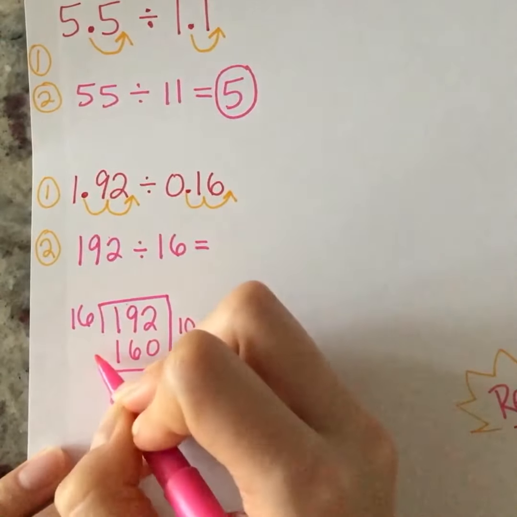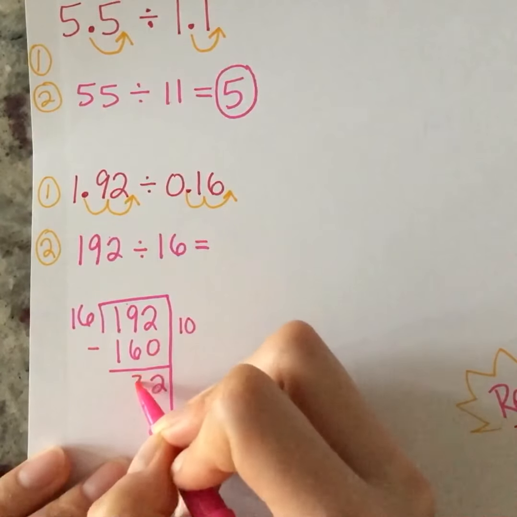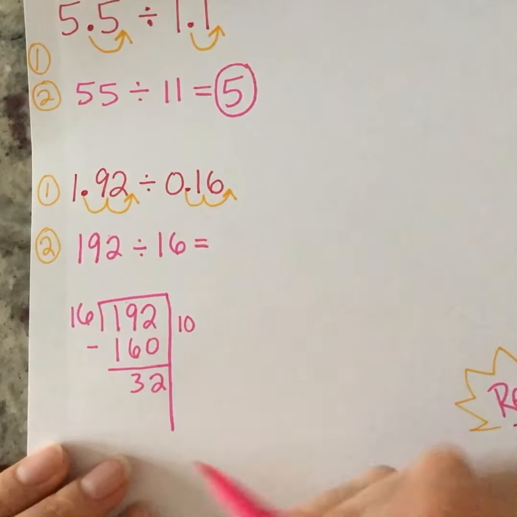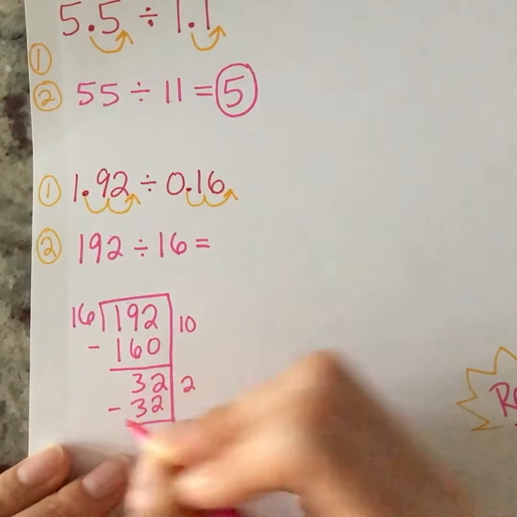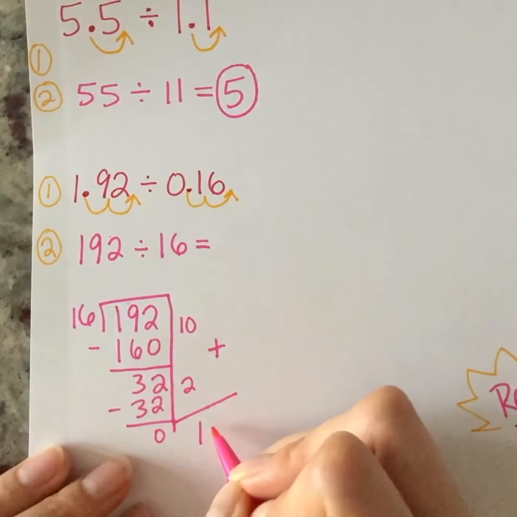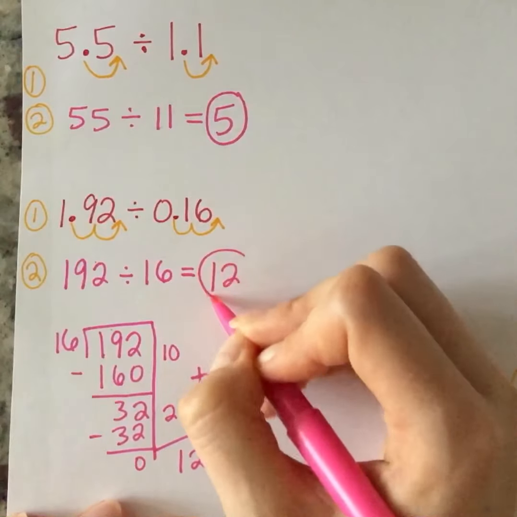Good mental math there. And we subtract: 2, 3, and 1 minus 1 is 0. So we're left with 32. Now, I also know that 16 times 2 is 32. And we have no remainders. When we add up our partial quotients, we get 12. And that will be our answer.